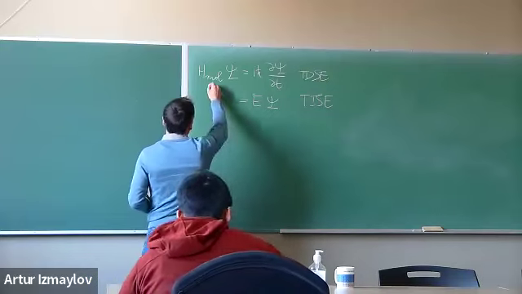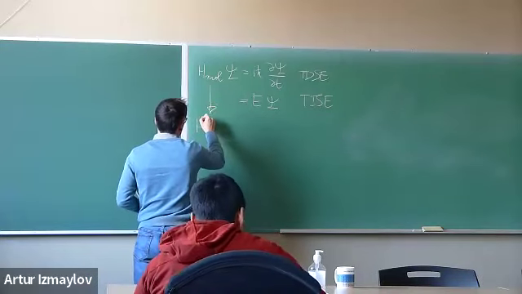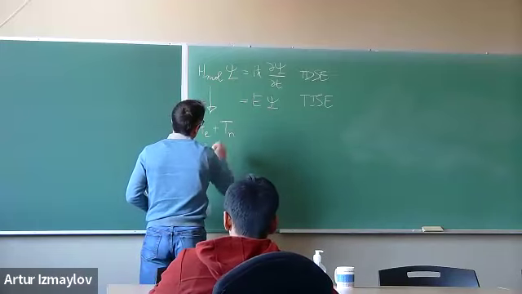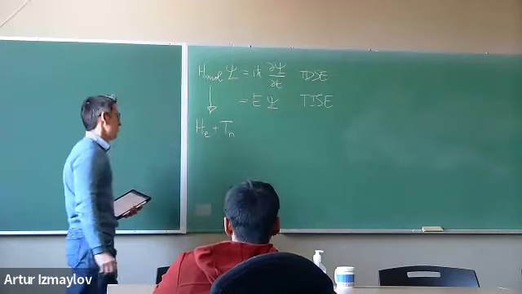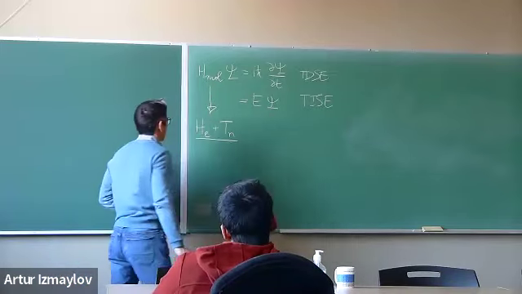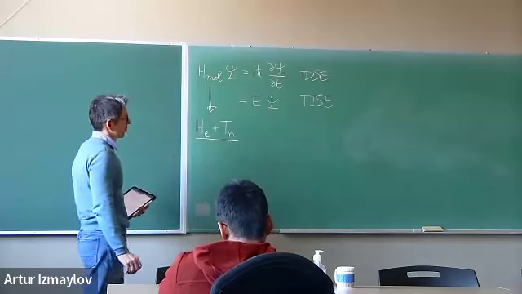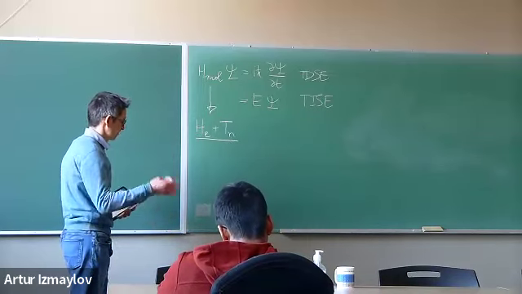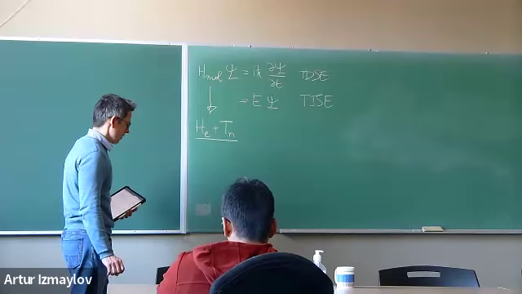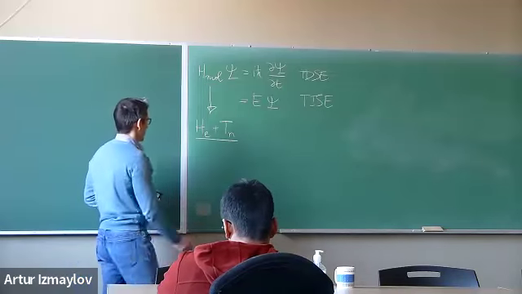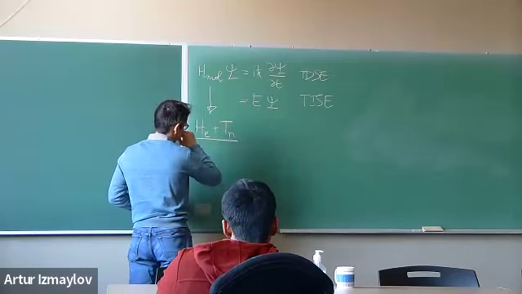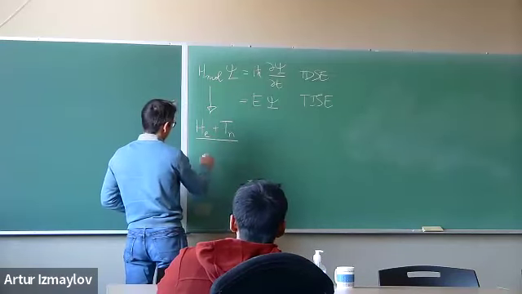So the molecular Hamiltonian is H electronic plus the kinetic energy of the nuclei. That's what we generally separate. What I'm skipping, and today we'll be mostly looking at the vibrational part. When we talk about the electronic part, it is kind of straightforward.